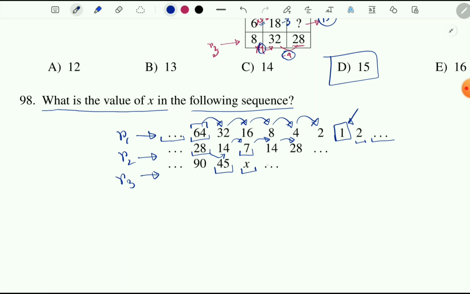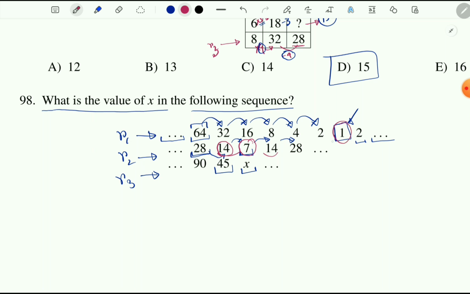Now we are clear that there is a relationship between the numbers. It started from an even number and it keeps becoming half, and at a certain position when we get an odd number, it starts again from the even number which was just before the odd number.